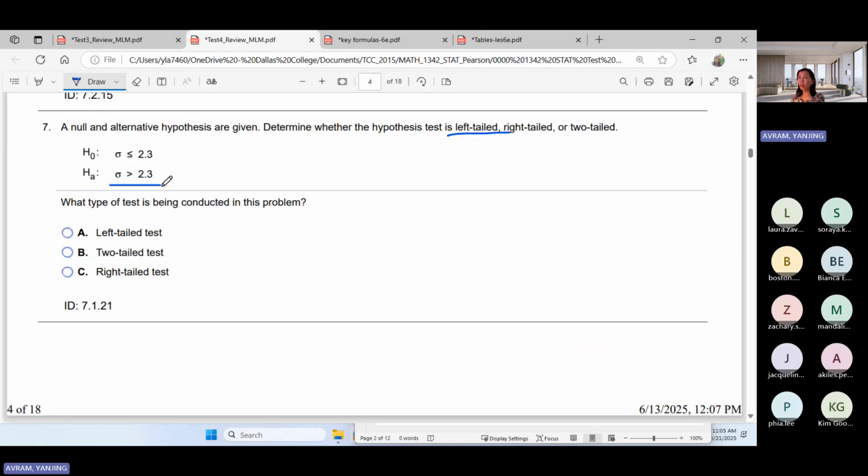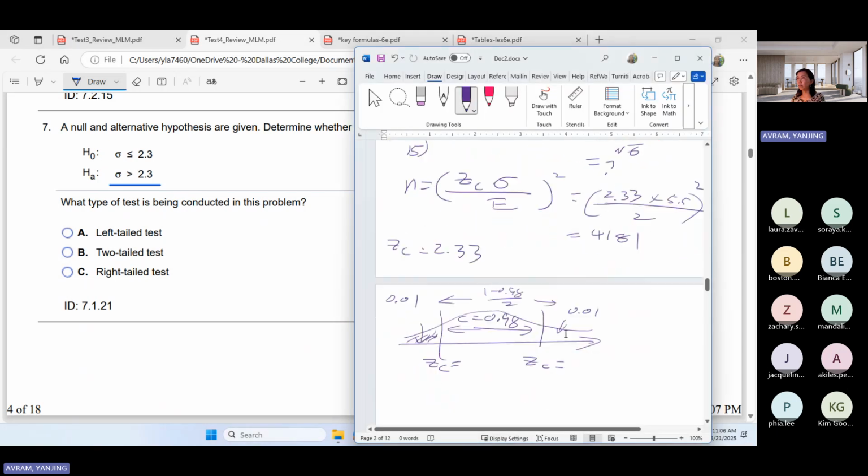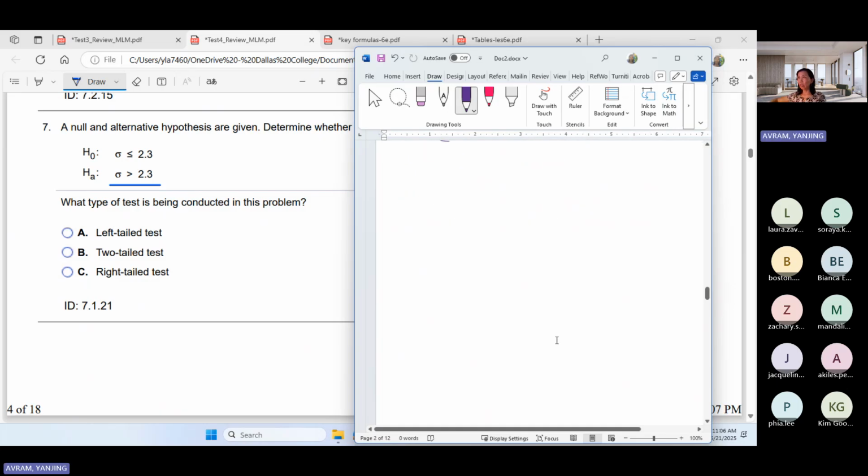You always look at the alternative one, okay? The null hypothesis always includes an equal sign, and the alternative one is the complement of the null hypothesis. So you can see chapter 7 has a little bit more concept, okay?